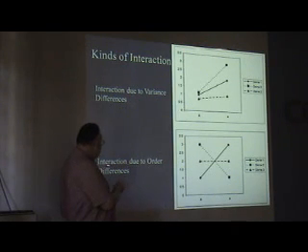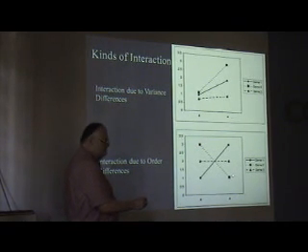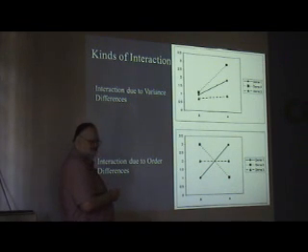Other kinds of interactions are due to order differences, and this is the crossing, like I showed you. Looks just like the additive epistasis. It's a crossing interaction. Here, the actual effects change order, so when you're mated into the first deme, you're high, and the first deme is high. When you're mated with the other, you're low. So the order of effect of the demes changes.